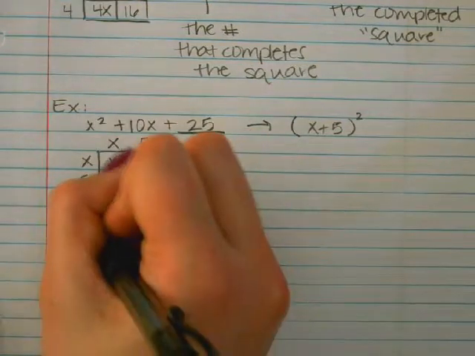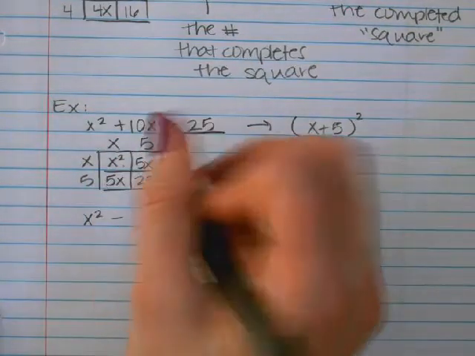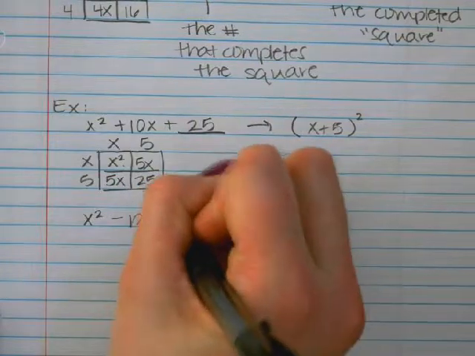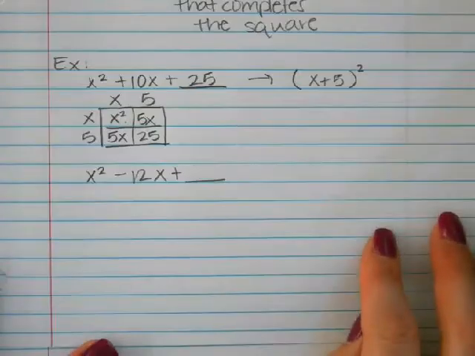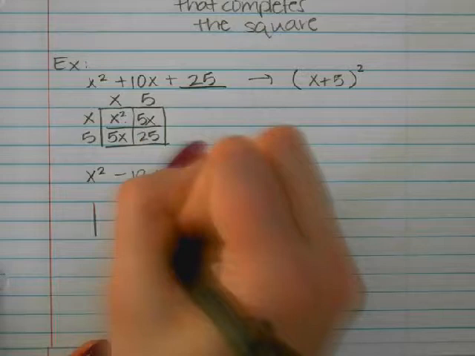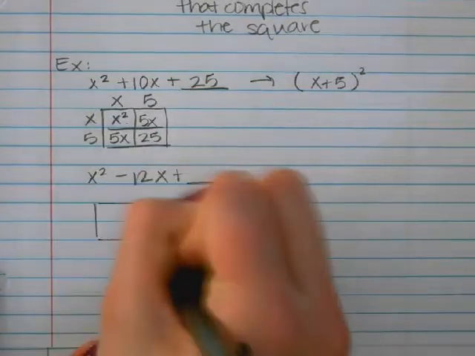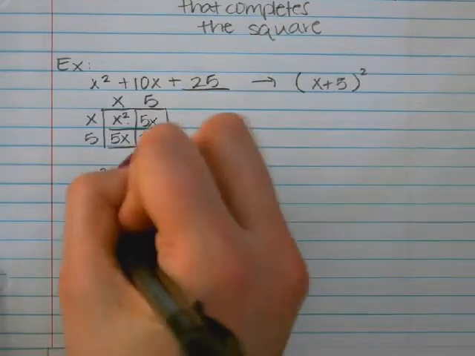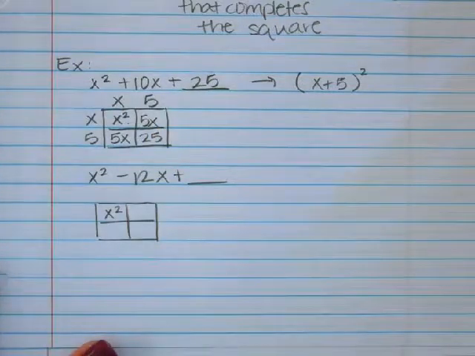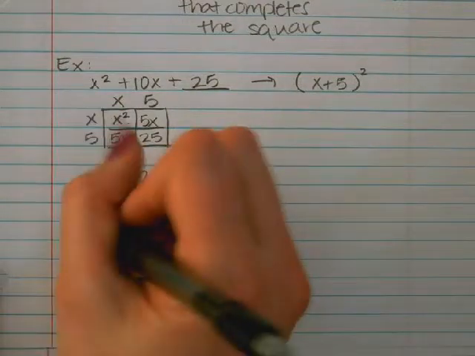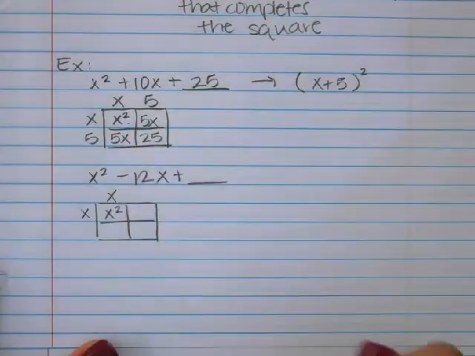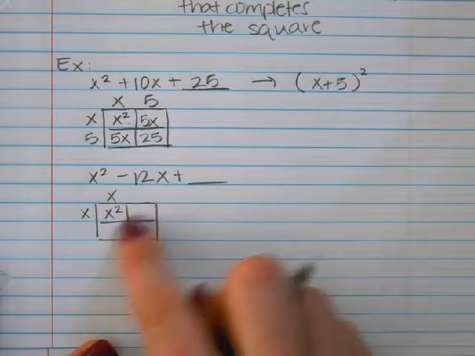Okay, we're going to try one with some negatives in it. So we're going to do negative 12. So how many x's should go in each of these corners?